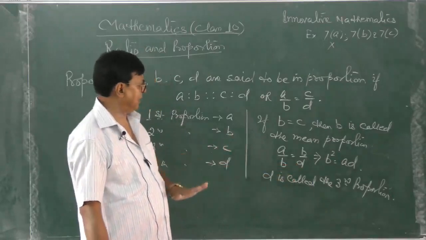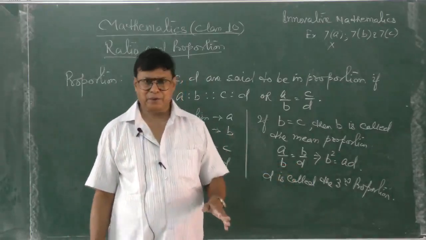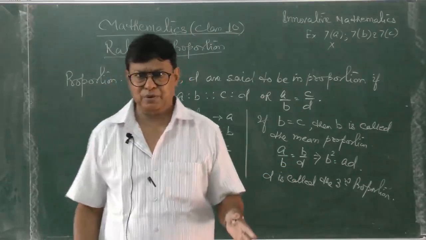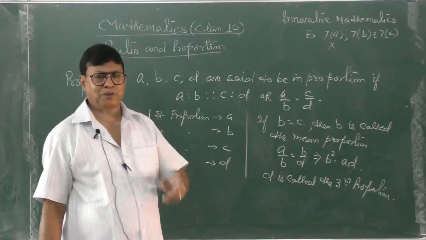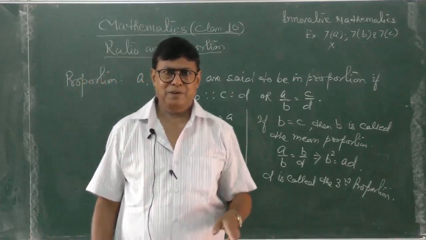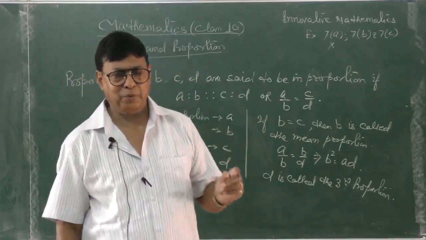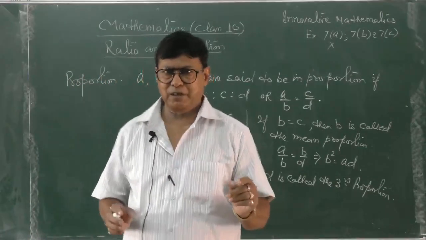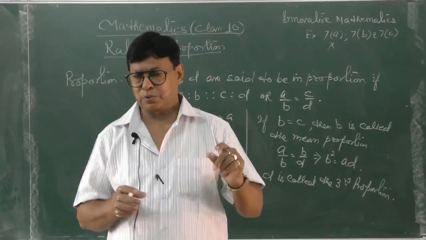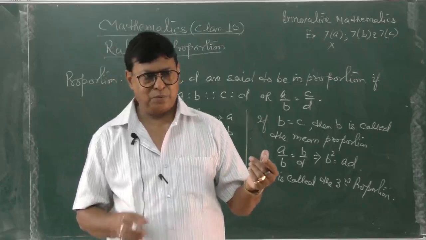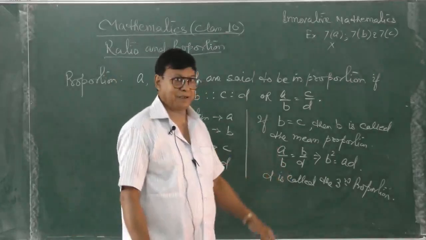The importance, I tell you: if the question says find the fourth proportional, three are given, fine, you can use this. If it says only two are given and you have to find the mean proportion, that means the mean is between the two. So the square of the mean is equal to the product of the extremes. So B square equal to AD.